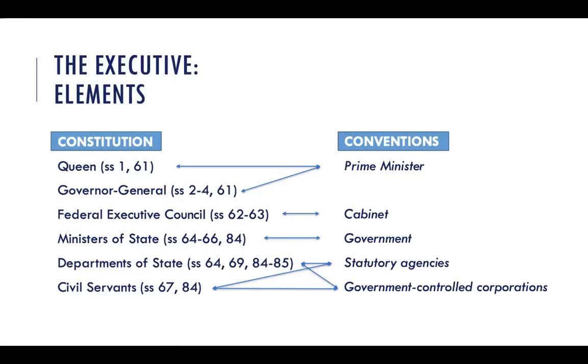Let me list a few of those to provide you with some practical examples. So we have the Department of Education, Skills and Employment, then the Department of Home Affairs. These are obviously examples of departments as prescribed by the Constitution. There are 14 departments at the Commonwealth level today. There are numerous statutory agencies, and they relate to a wide variety of areas.